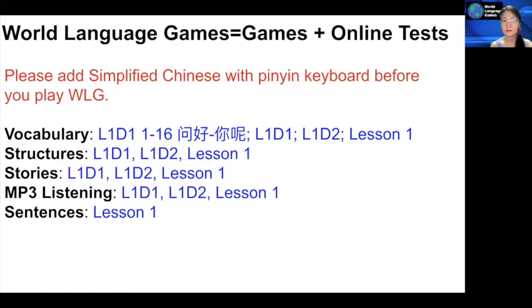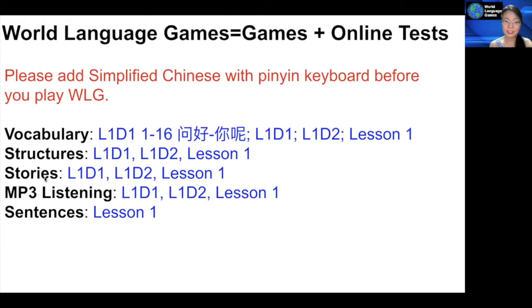This slide shows you clearly, if you want to play vocabulary games, you can either select ones with Chinese characters, which is smaller chunks, or you can select different dialogues, or you can select the entire lesson. And to play structure games, you can select dialogues or just a complete lesson.